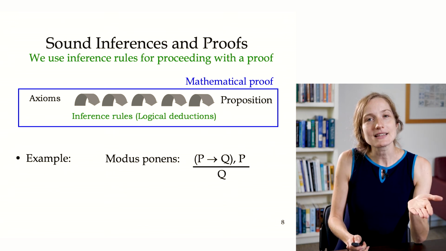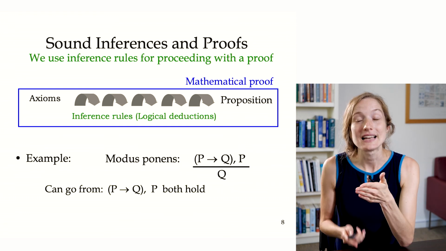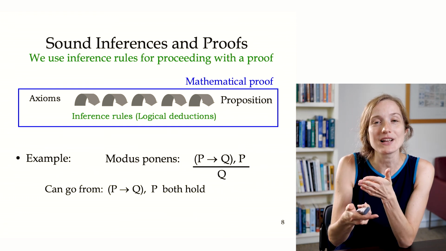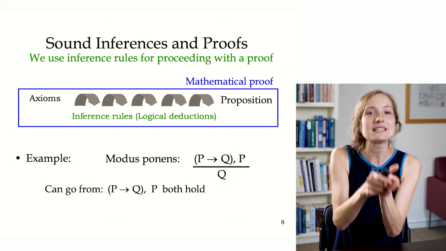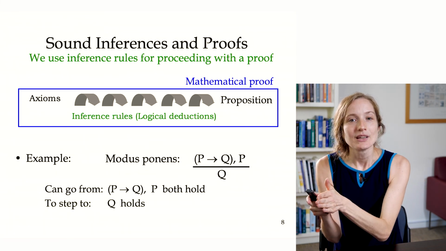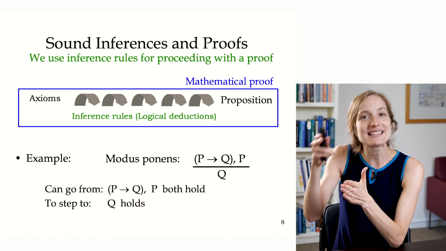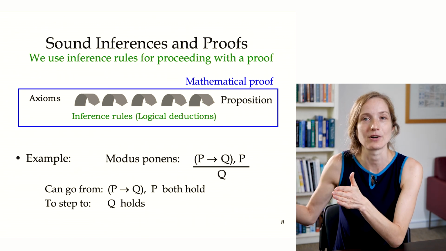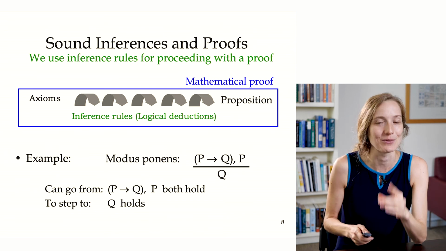So what does this mean? Suppose that in one of my steps within the proof, I'm able to show that P implies Q and P both hold. This allows me to take another step to conclude from this that now Q must hold. This is exactly where these steps are coming from. It's just different applications of different sound inference rules.